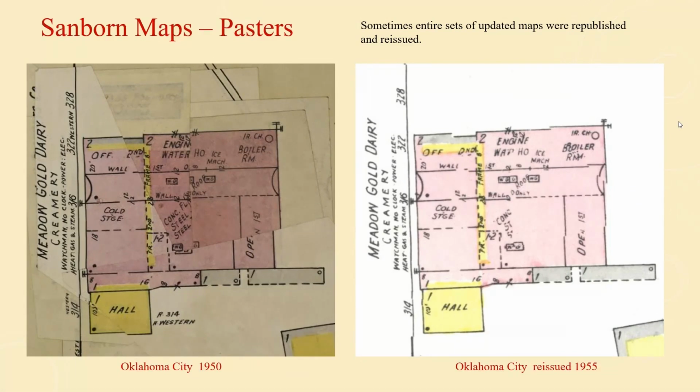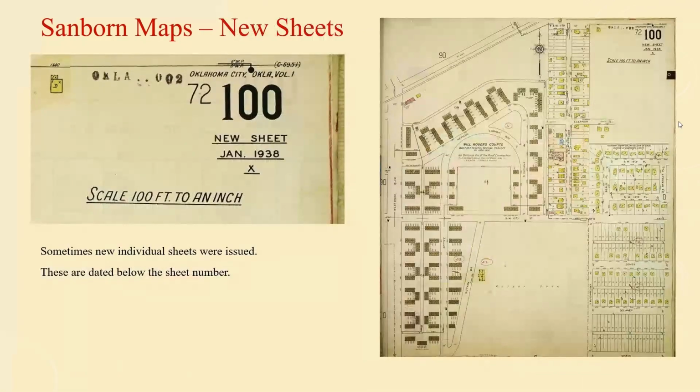Sometimes Sanborn would reissue a whole new sheet for a set, and if they did that, they would list the date that the sheet was issued below the sheet number. So you had these updates to the maps through the years.